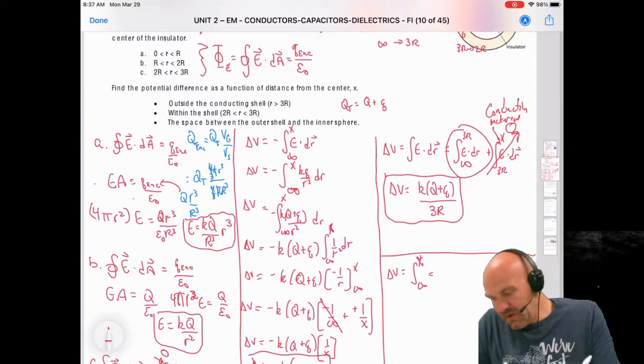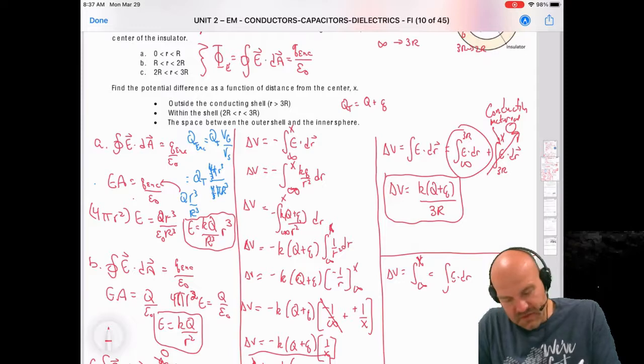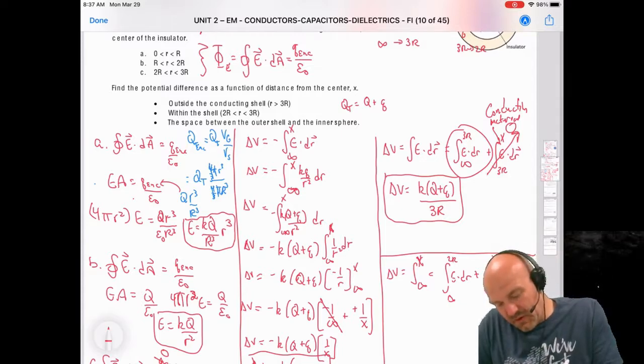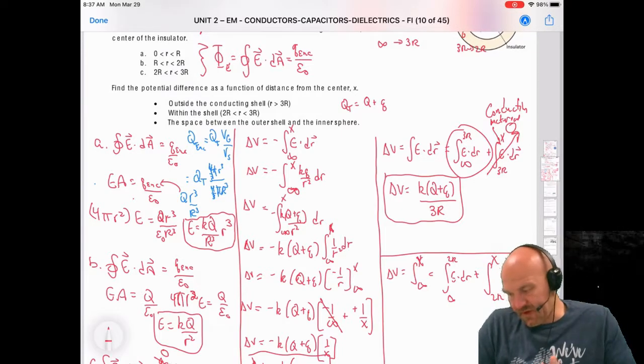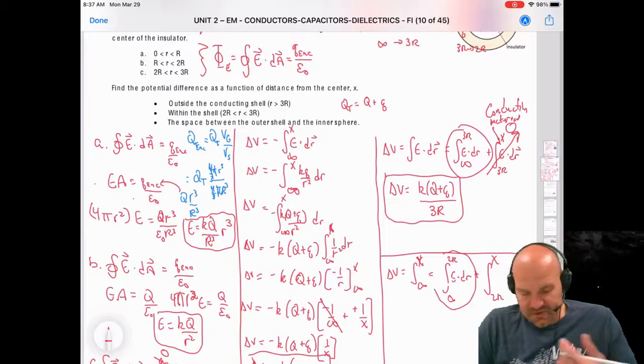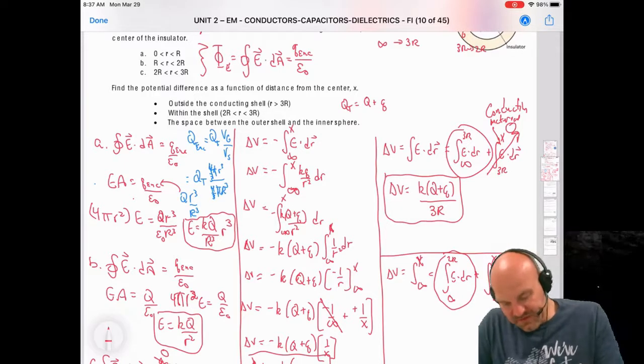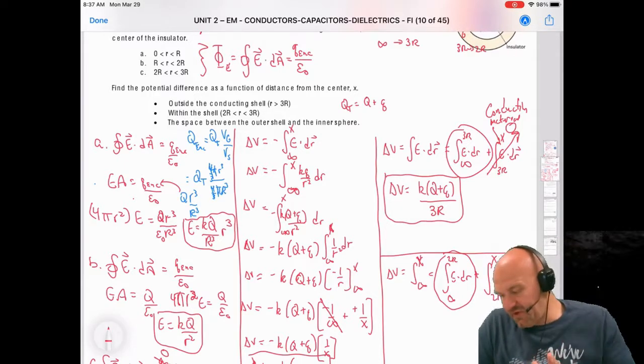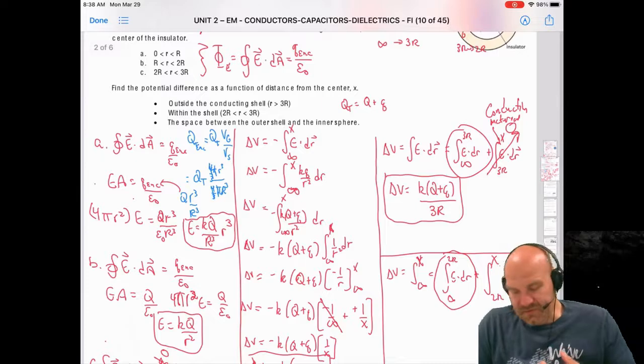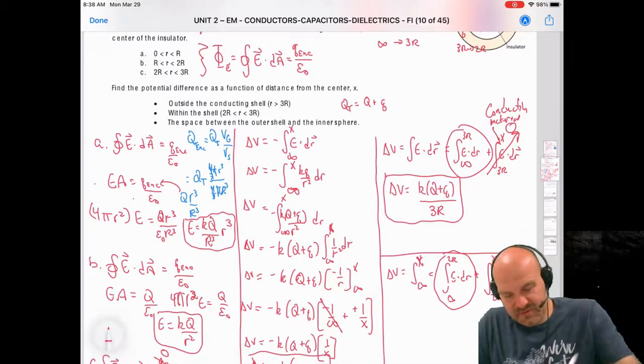And so when we split this up, we're going to do the integral of E dot dr from infinity to 2r, and then we're going to go from 2r to x, okay? And so now we've done this, that's our kq over 3r.